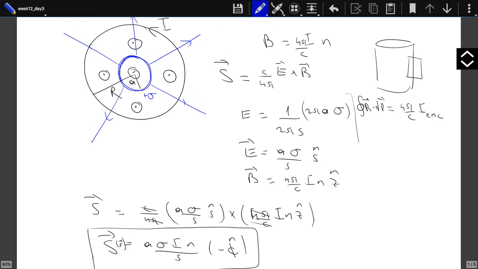Or let's see, let me look at this one. Here is where comes the 4 pi. What is curl of B? Or what is B dot dl? Is there a 4 pi? Yeah, there's a 4 pi.